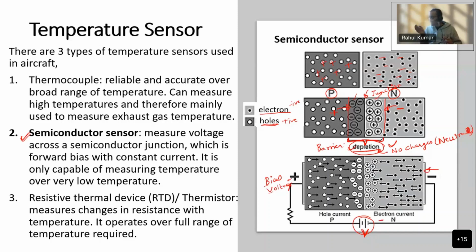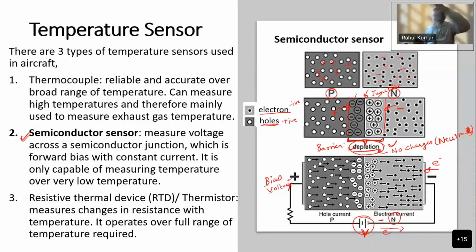Negative terminal means electrons will flow into the N region from the voltage source. You are supplying an additional amount of electrons in the N region.